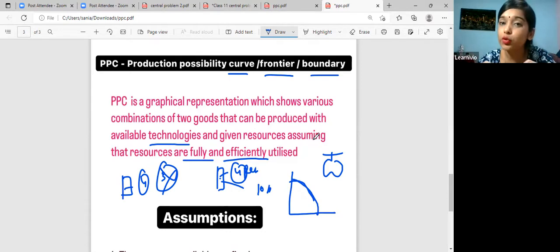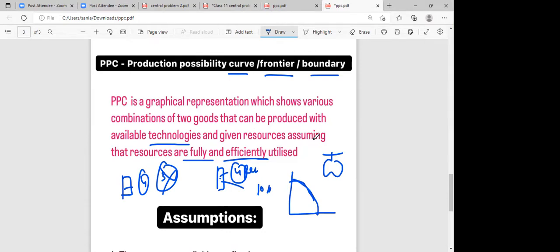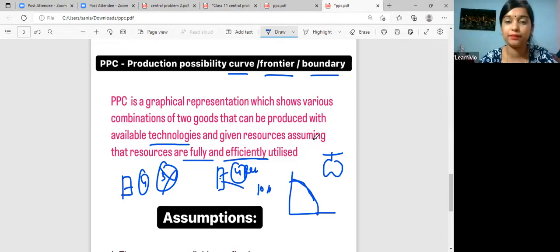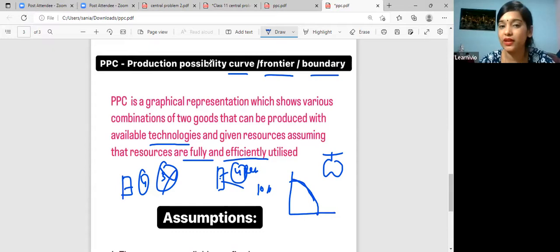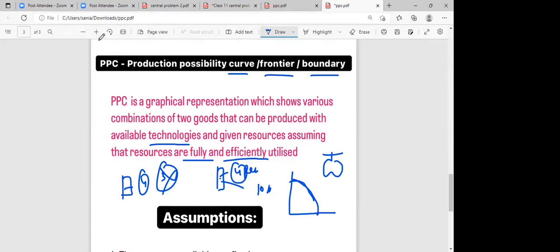Now you assume that you are going to use your resources fully and efficiently. Clear? Yes, ma'am. Okay, just give the heading PPC, write this and this. The rest we will continue, but I have just given you an idea of what PPC is. We have different things to do, plus the numerical portion that we will be completing. So quickly write it down.